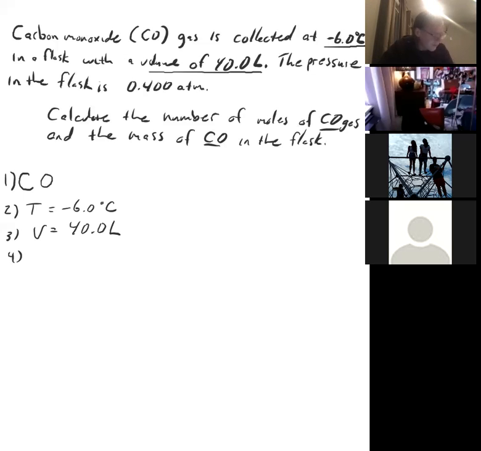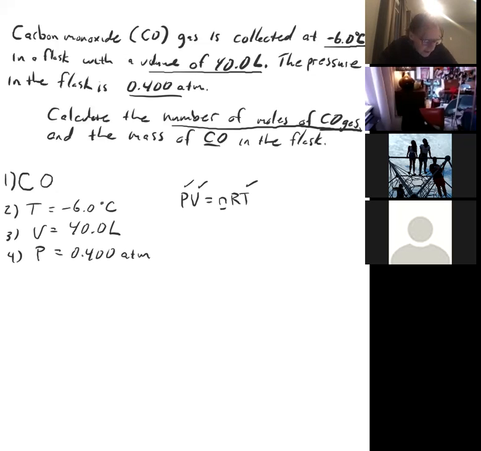And then the fourth piece of information we're given is that the pressure is 0.400 atmosphere. And then we're asked to find the number of moles. Okay. So if you take a look at this particular problem, we're told T, V, and P. The ideal gas law looks like this, PV equals nRT. So what we know is the pressure, the volume, and the temperature, and we're asked to find the number of moles. Okay. So how do we do that?